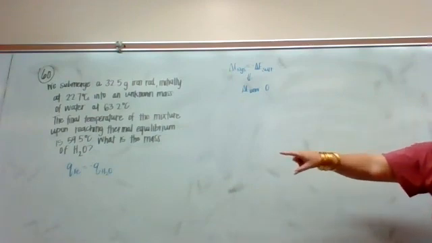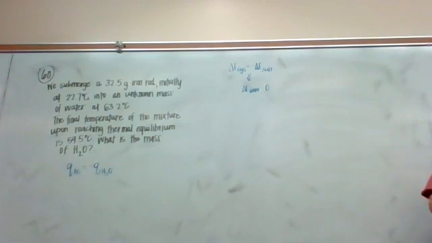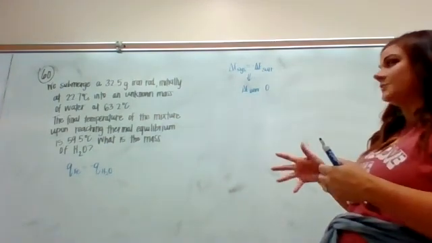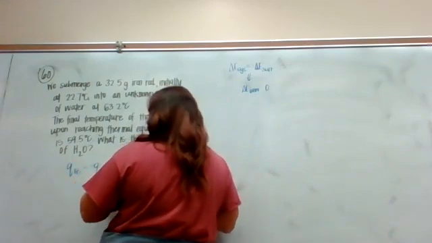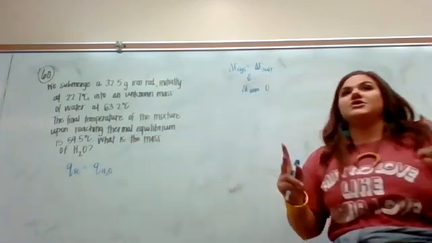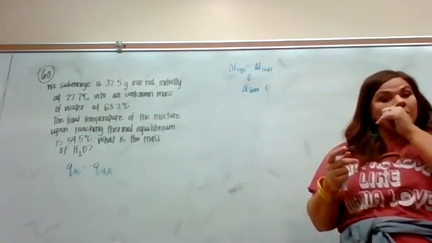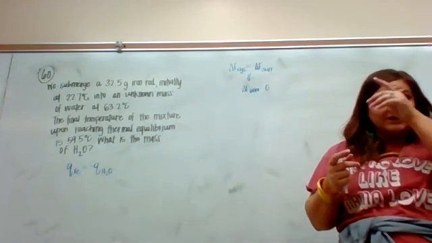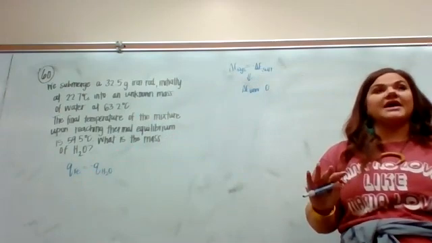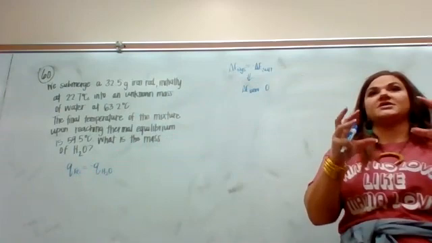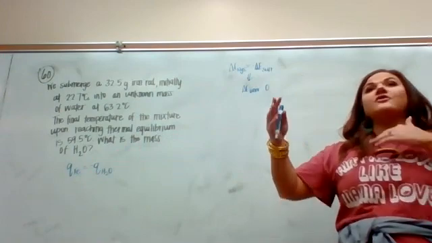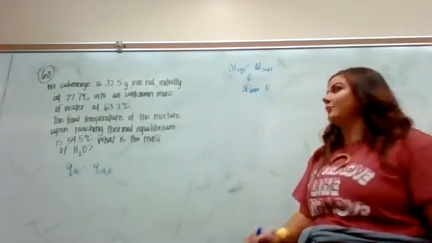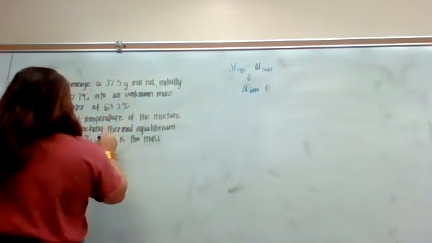So I can apply that same thing to heat if I'm talking about a thermally isolated system, okay? So in this case, I am. So we can say that iron is our system, water is our surroundings. And so they're only going to exchange heat with one another. Anytime you put two objects together that are at different temperatures, heat will flow from hot to cold until thermal equilibrium is reached.